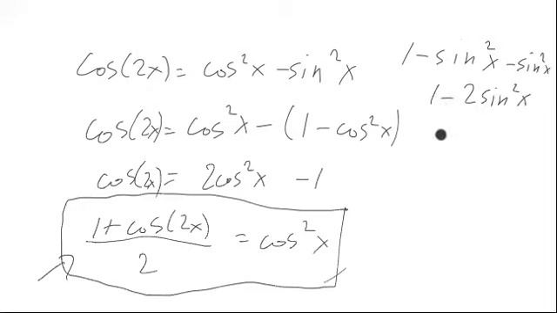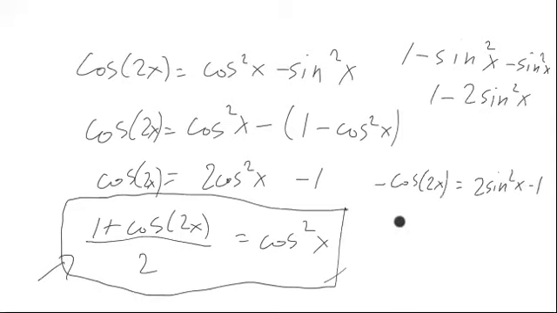If I multiplied both sides by negative 1, we'd end up getting negative cosine 2x is equal to 2 sine squared x minus 1.